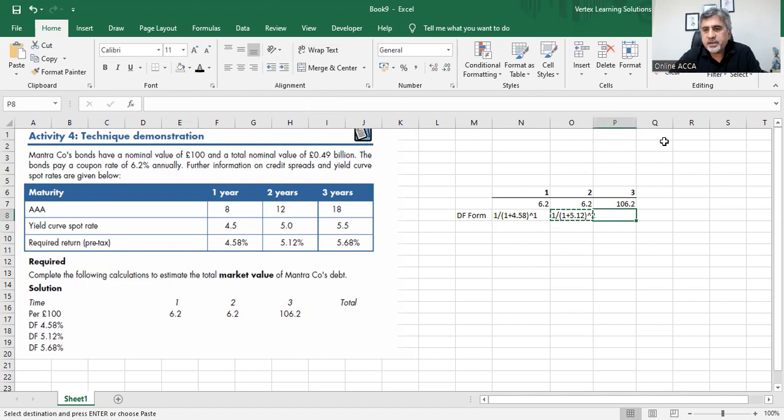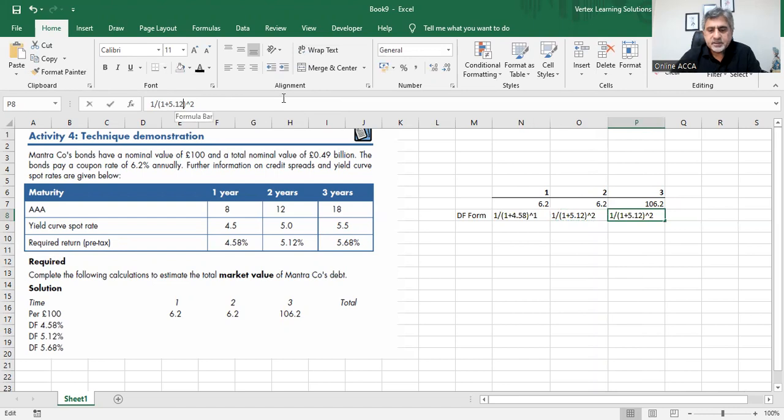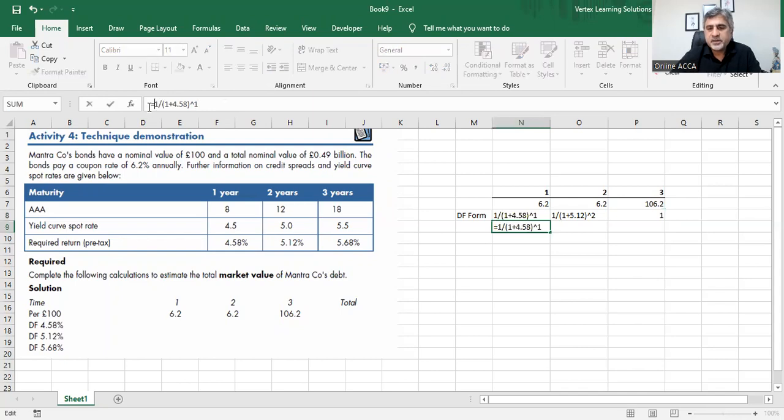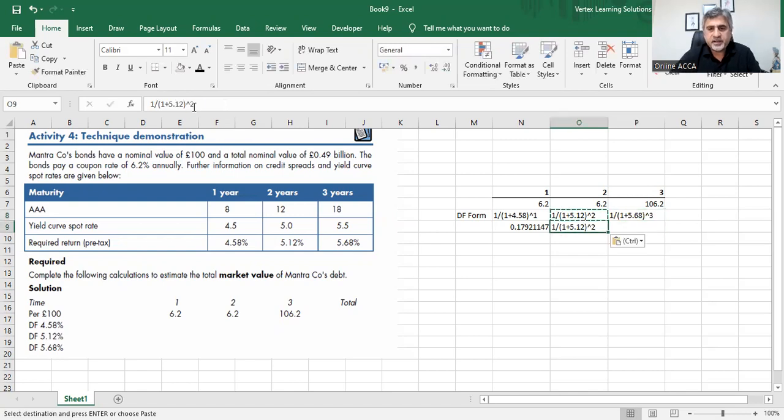And in year 3, because of that longer time period, the yield is 5.68% power 3. Okay. So now what I do, I just copy paste it here. So this line, I just put it here, to show you the formula so that you don't get confused. 5.68. Okay, so I put it here.